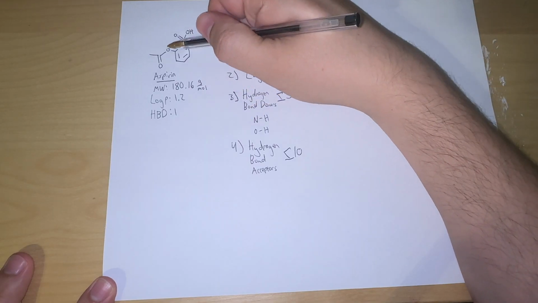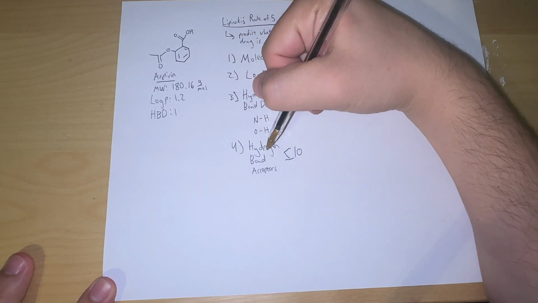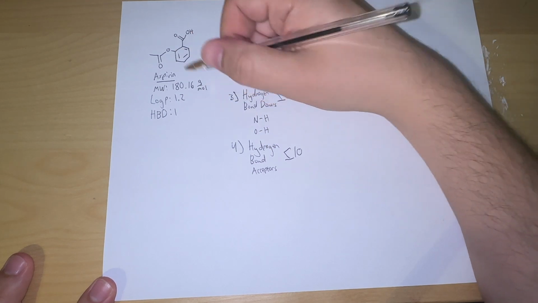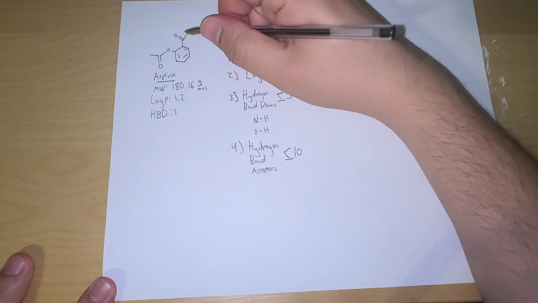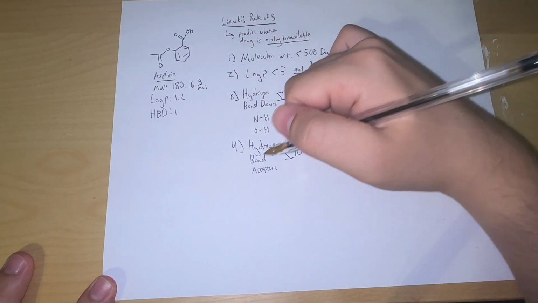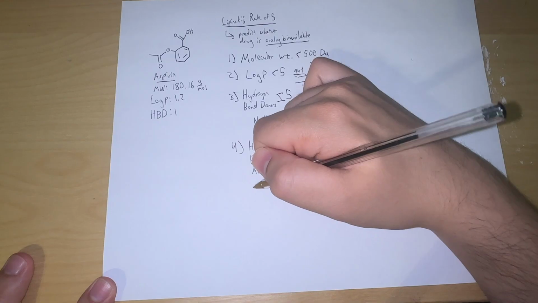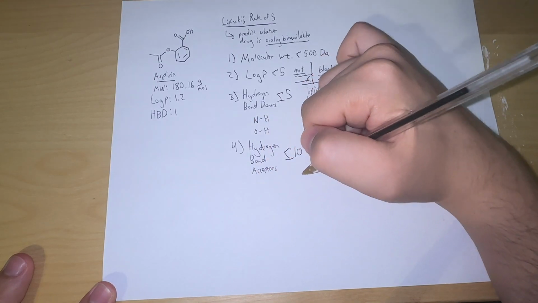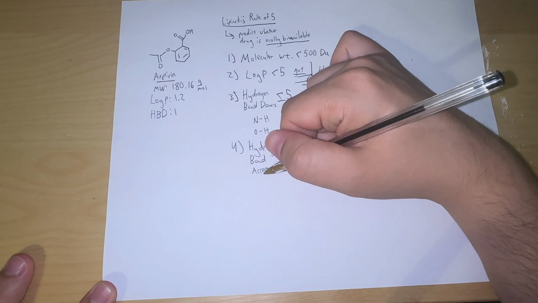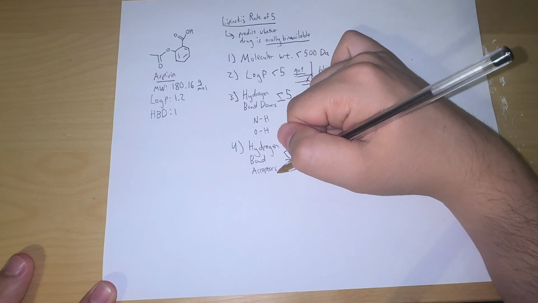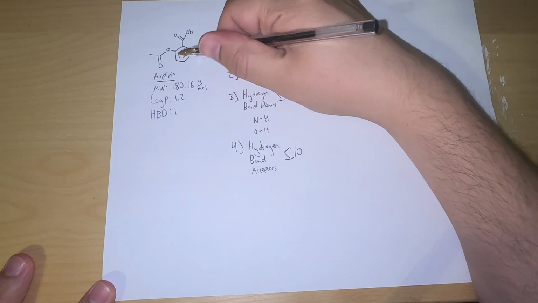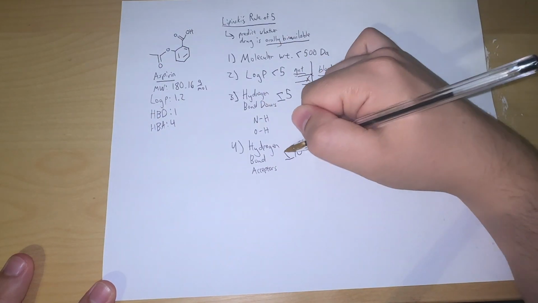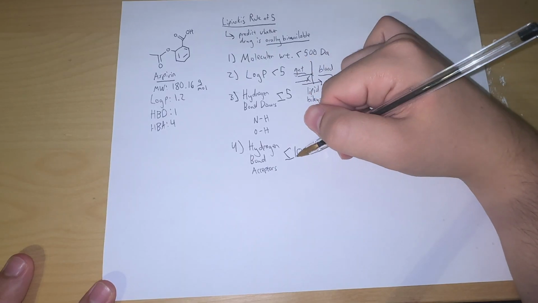So 1, 2, 3, 4, we have 4 hydrogen bond acceptors. So you just count the oxygens or nitrogens in the molecule. An important caveat is that if you have an oxygen or nitrogen that's positively charged already, then that does not count as an acceptor. So again, 1, 2, 3, 4, 4 hydrogen bond acceptors, less than 10, so it passes criterion 4.